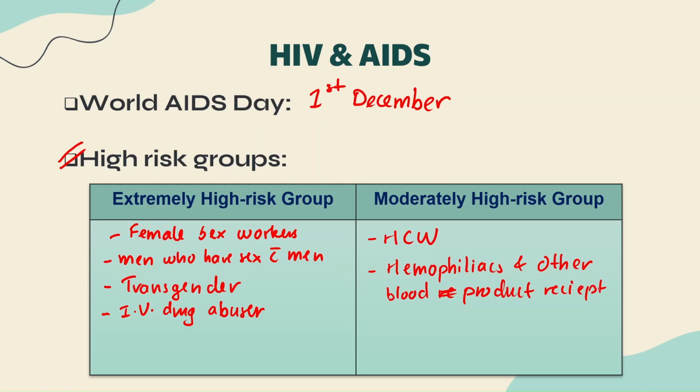These are also belonging to this category. Then we have people with STIs, such as syphilis and gonorrhea, again in the moderately high risk group for HIV or AIDS.